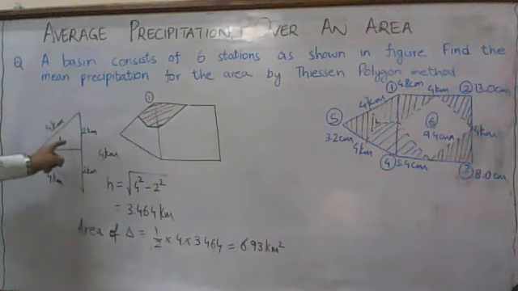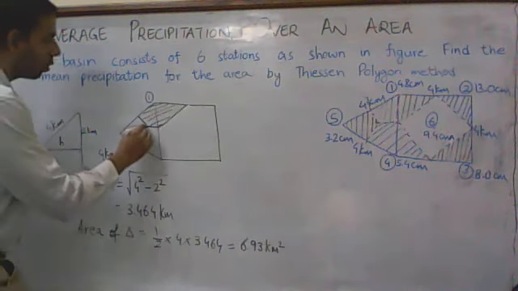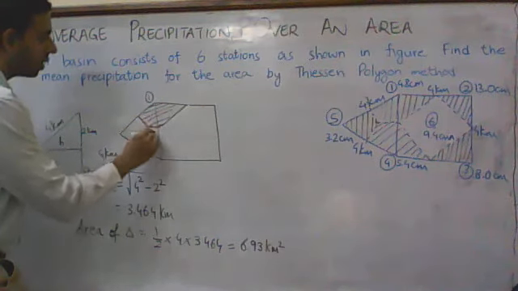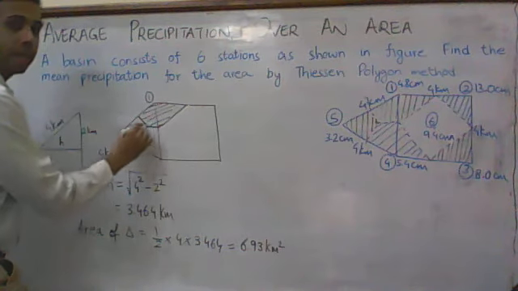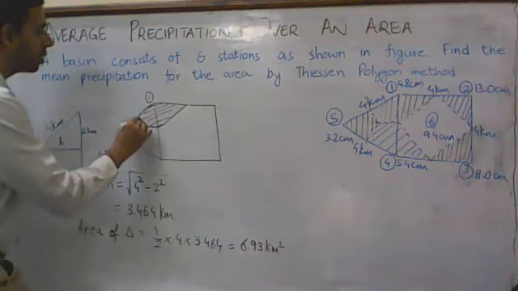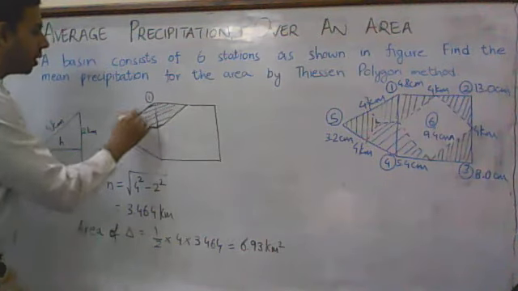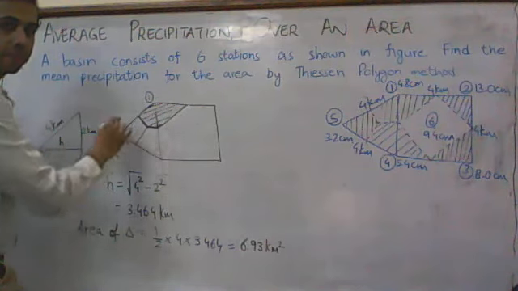Now, this area is divided into 3 equal portions. This is one area, this is the other area, and this is the third area. So this much portion will be 1/3 of the total area of the triangle.